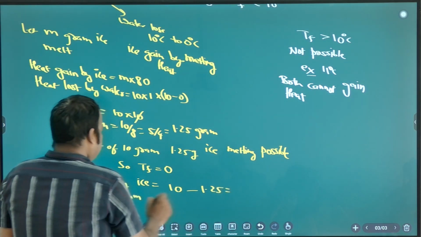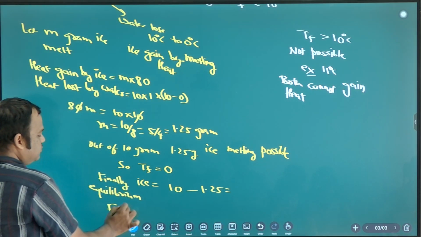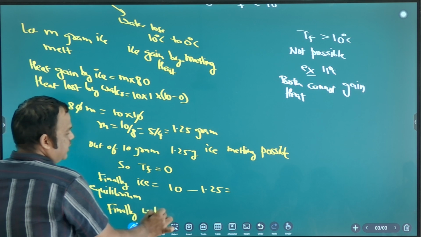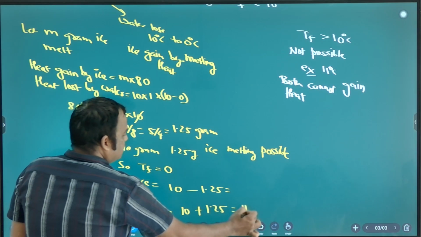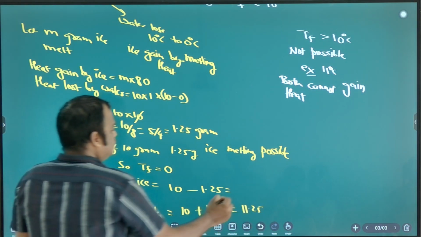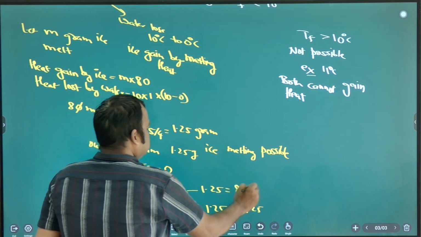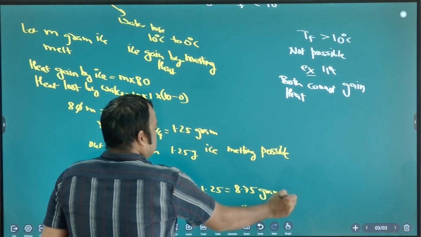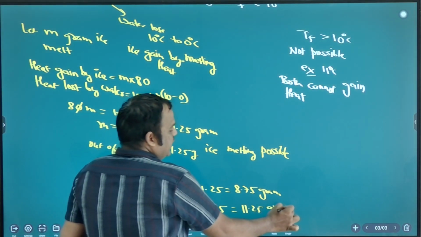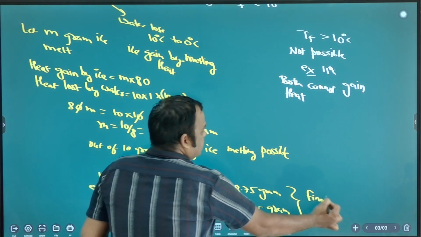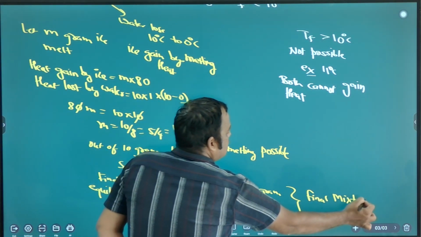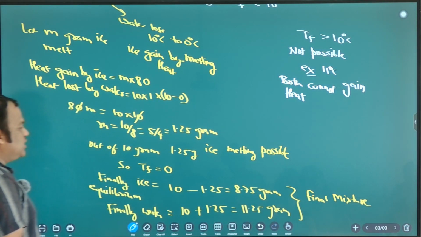And how much finally water? Initially 10 gram, now 1.25 coming. So note down, this is the amount of ice and water in the final mixture. So final temperature is 0 degrees Celsius.